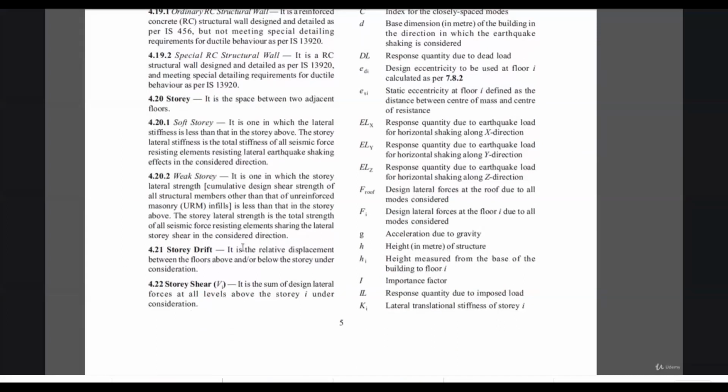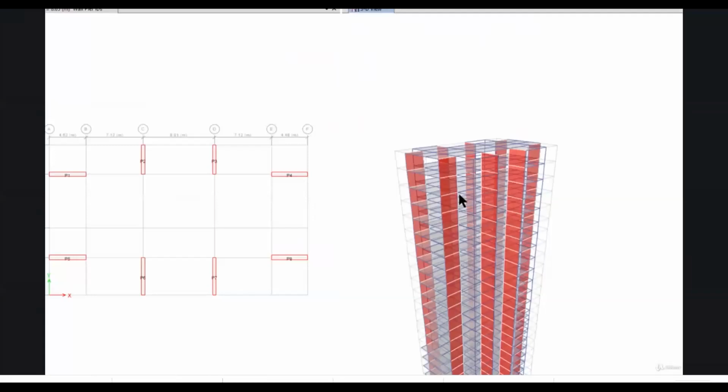After that, you need to be clear about what exactly you mean by story drift. It is the relative displacement between the floors above and below, not the total deflection. So the story drift will be like, if this floor is displacing 10 mm on the right hand side and this floor is displacing 6 mm on the right hand side, the drift for this story shall be 10 minus 6, that is 4 mm.